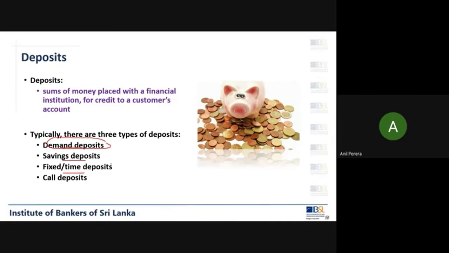You enter into a fixed deposit as an investment for a period of time. Call deposits are also there. They are also a kind of hybrid instruments. Hybrid means it's like a demand deposit or a savings deposit. Again, it helps for day-to-day liquidity management.